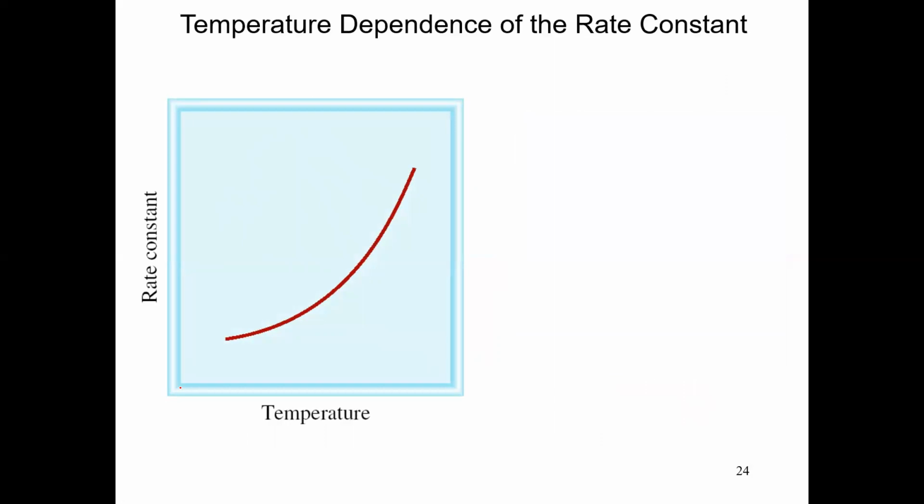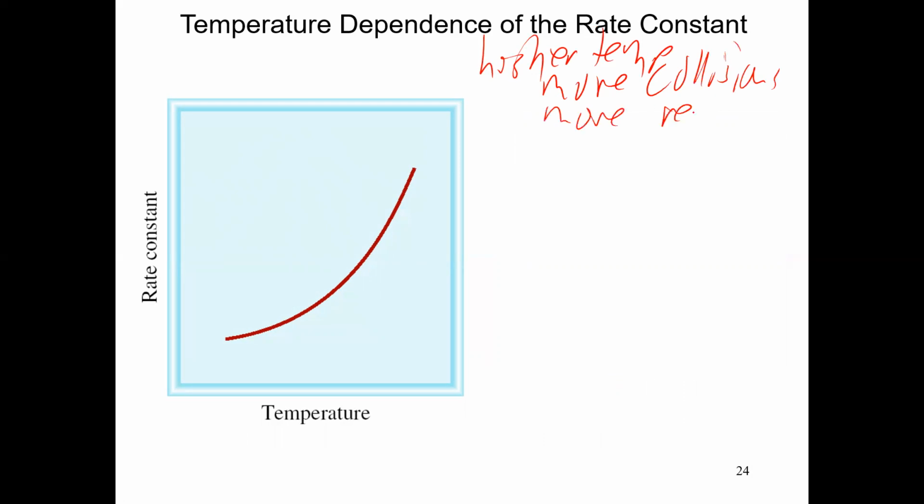There's a temperature dependence on the rate constant. The reason there's a temperature dependence is that the higher the temperature, the more collisions, and more collisions will cause more reactions. Very, very important. You've got to have those two reactants come next to each other to enable that to occur. The higher temperature will cause more collisions.